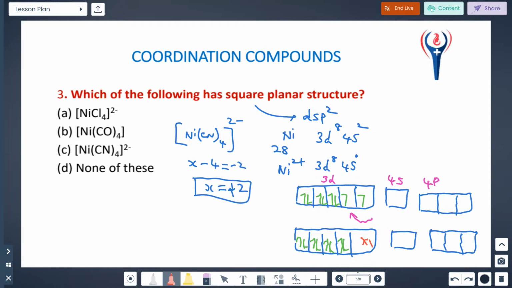First CN gives electrons to this one. Another CN gives electrons to this one. Another CN gives electrons to this one. Another one gives electrons to this one. So each CN is giving electrons to these empty orbitals. Understood? Are you following?